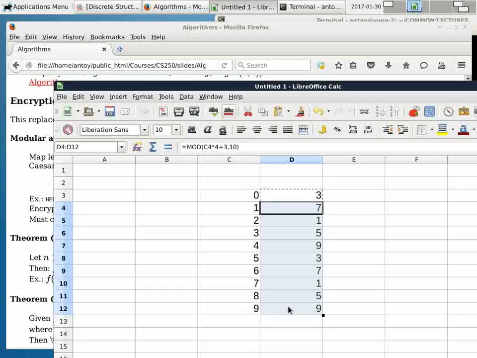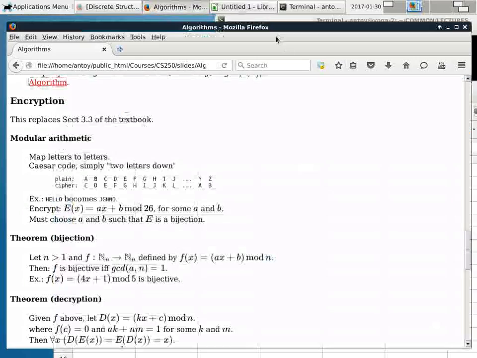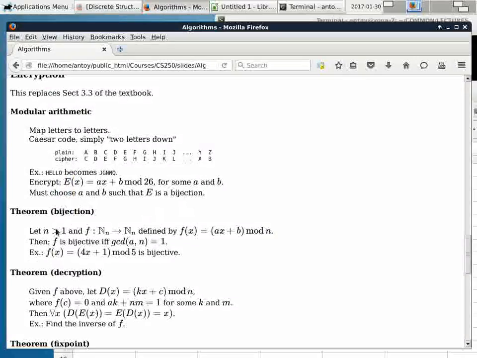So here, when I do this transformation, I want to know what do I have to pick for A and B so that this is a bijection. And I have a theorem that says it. The theorem says, look, suppose that I go from the naturals mod n, where n in the example I did was 10, for the letters it is 26, or whatever you want, and I do ax plus b mod n.